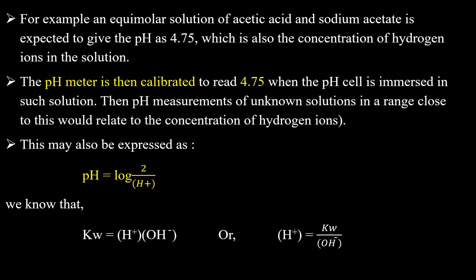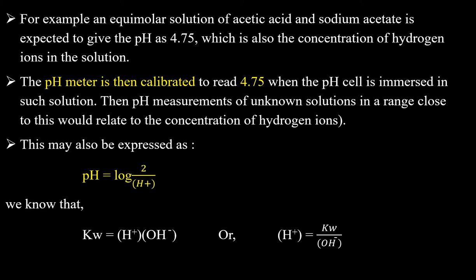Then pH measurement of an unknown solution in a range close to this would relate to the concentration of hydrogen ions. This may be expressed as pH is equal to log 1 divided by H plus ion.